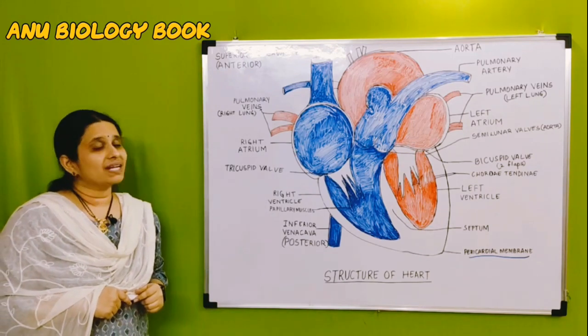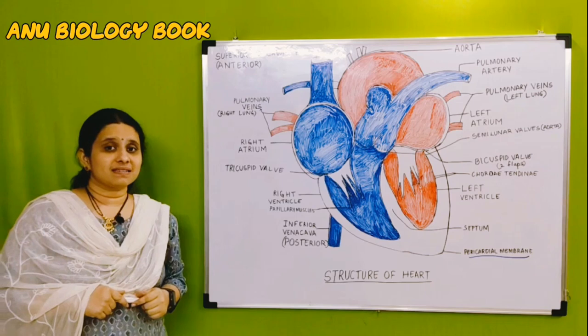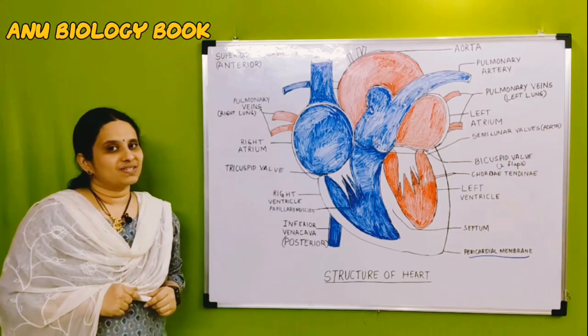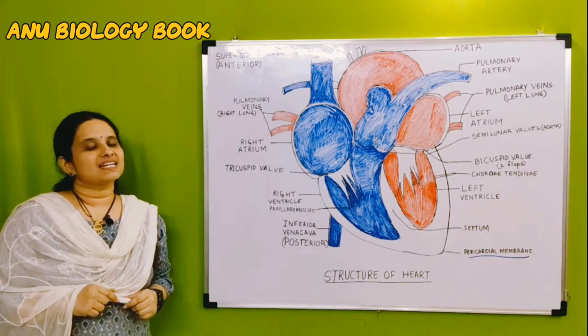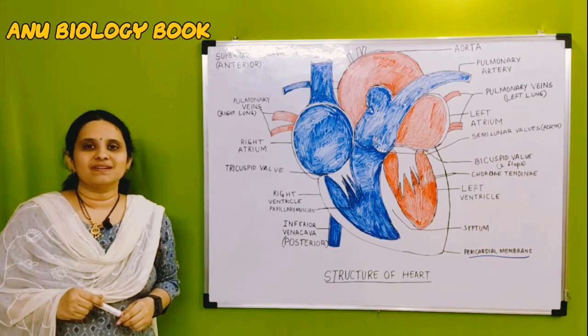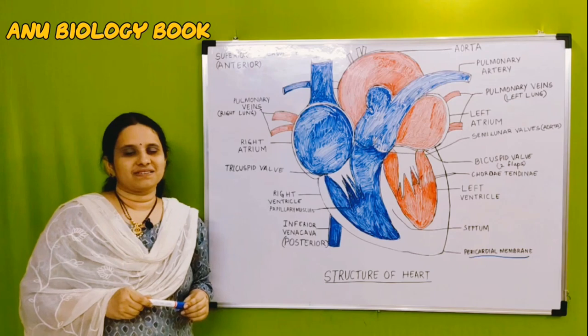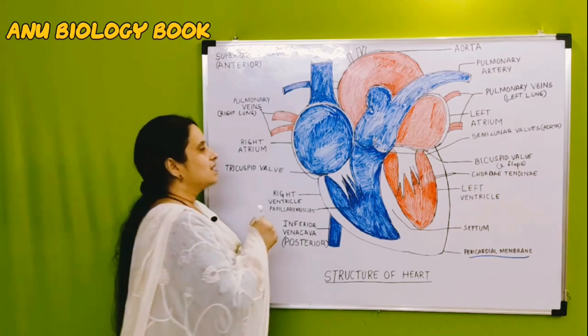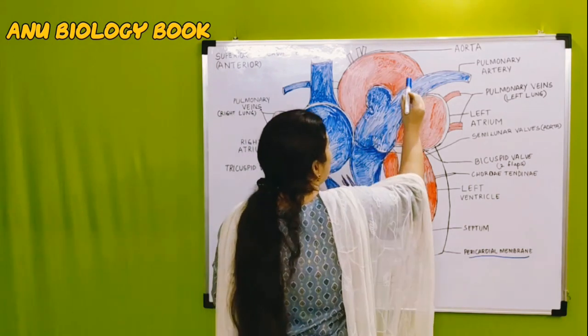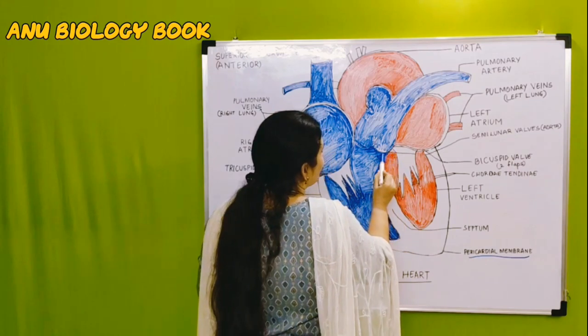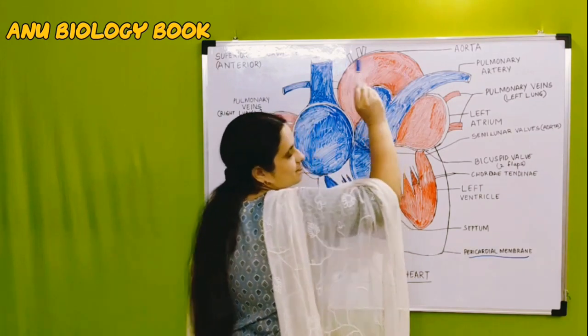The pulmonary artery, which arises from the right ventricle, also carries deoxygenated blood to the lungs. The next artery, the main artery, is the systemic aorta. This is the systemic aorta which arises from the left ventricle. Right?